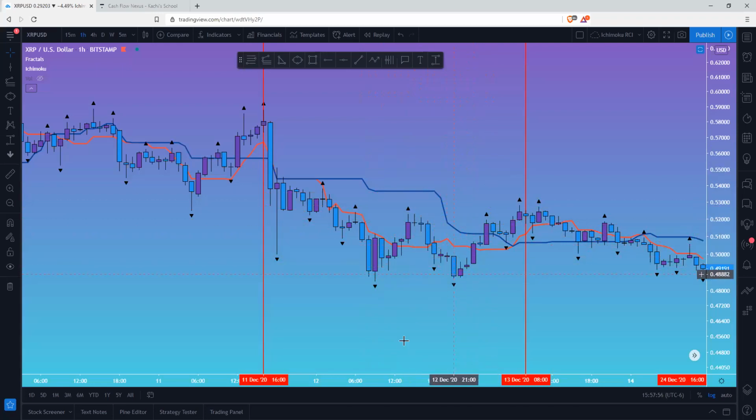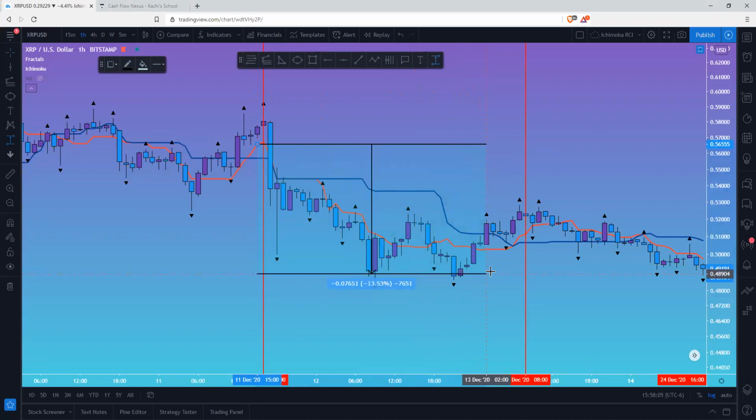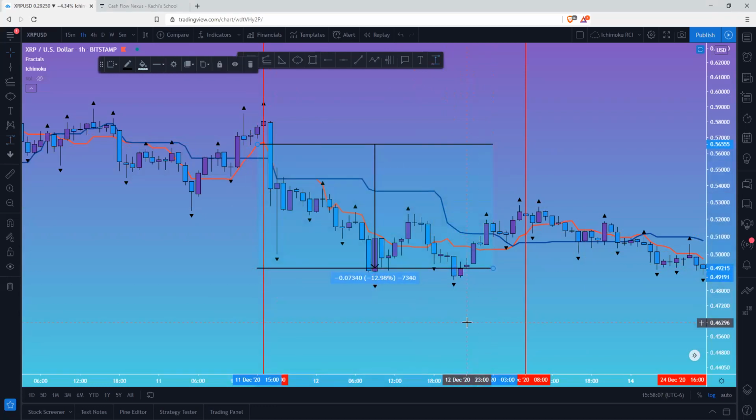And right here is definitely where you would want to close out profits for even more profit than before. So if we got in at that point to this point here, you would have made 12.98% and gained 734 pips versus the 400-something we had said.